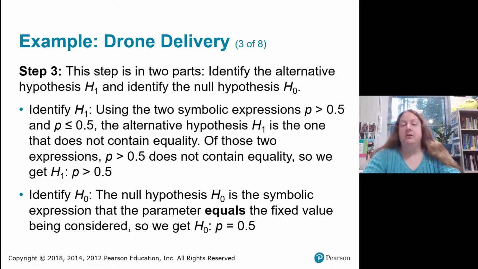So our alternative hypothesis is going to be p is greater than 0.5. Now, the null hypothesis has to have an equal sign with it. So we're going to take the equality part of less than or equal to and use the equals part as our null hypothesis. So our null hypothesis is going to be p equals 0.5.